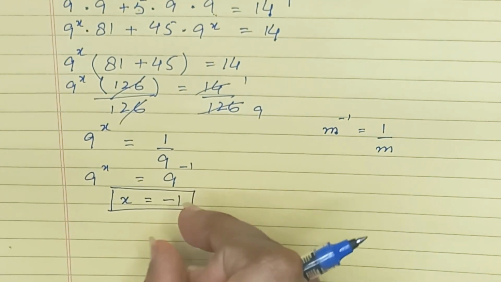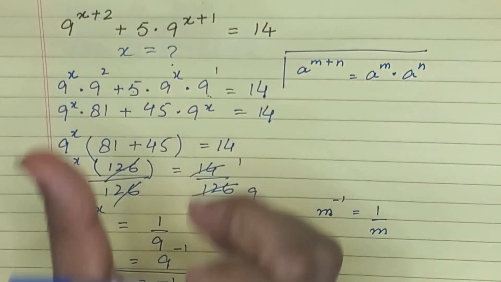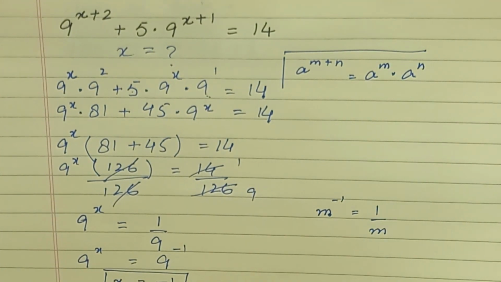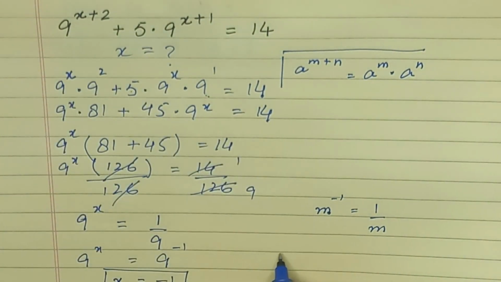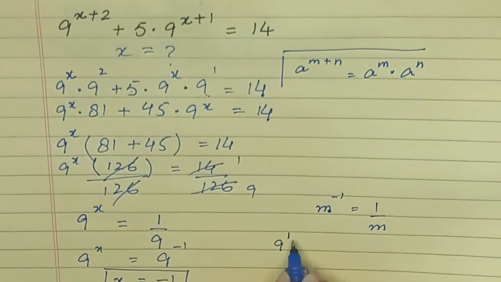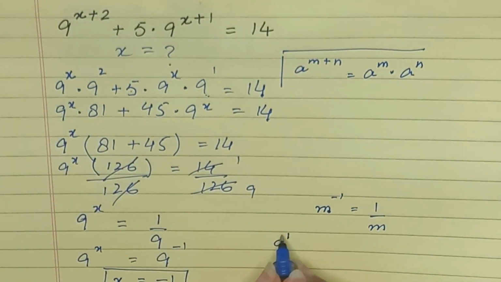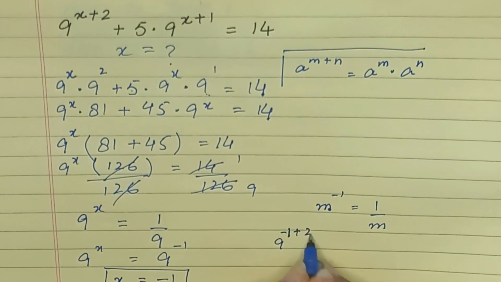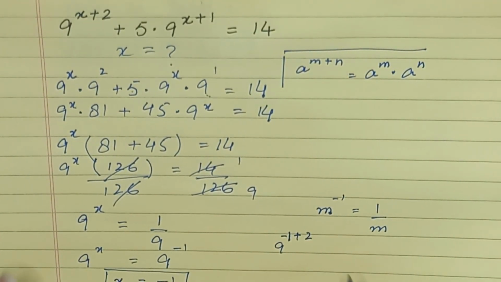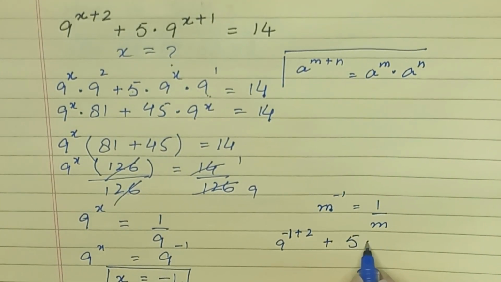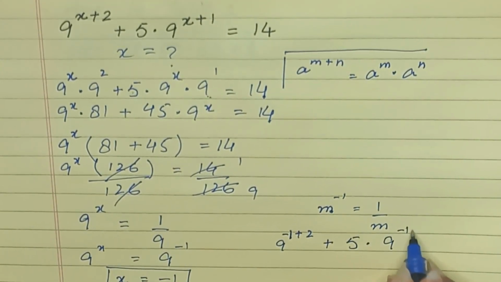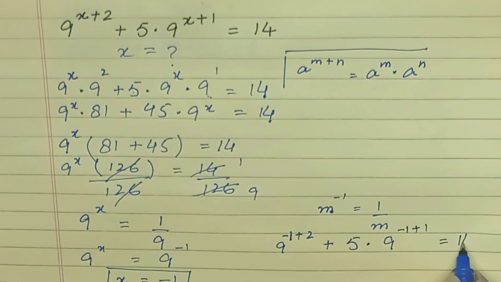Now we will check that the value of x satisfies our given equation or not. So x is equal to -1, so it will become 9 raised to the power -1 plus 2 plus 5 into 9 raised to the power -1 plus 1, which is equal to 14.